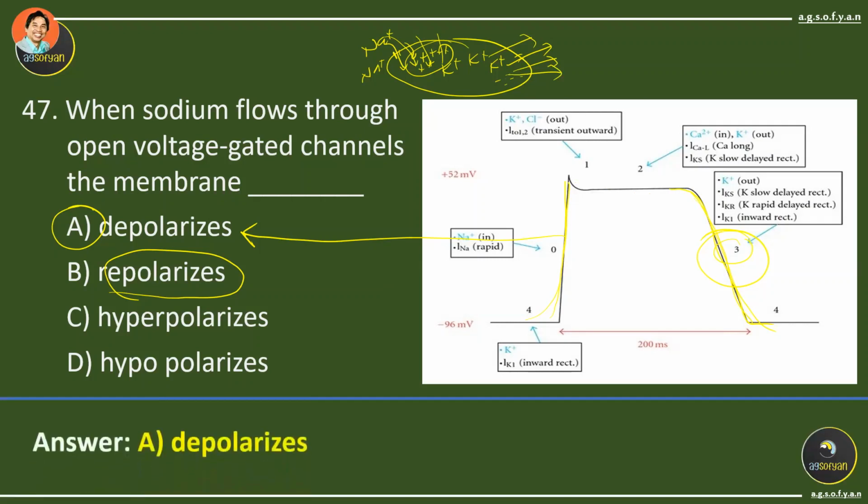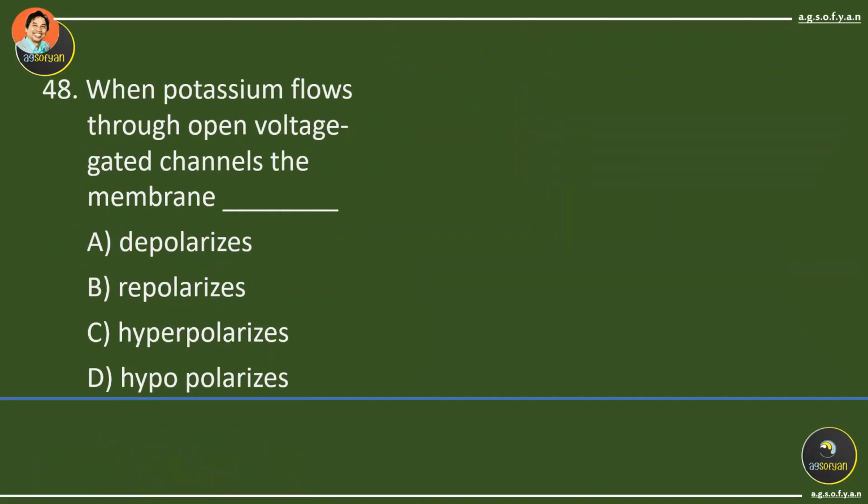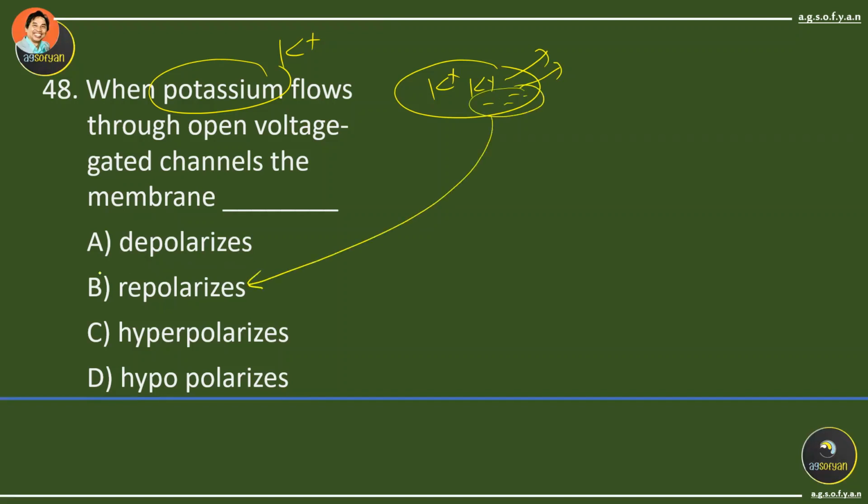Okay, so 47 should be depolarization or depolarized. Now, when potassium ions flow through the open voltage channel, remember there is more potassium inside the cell. When they are leaving the cell, what happens to the cell? It becomes more negative, and this is called repolarization, more negative charge.